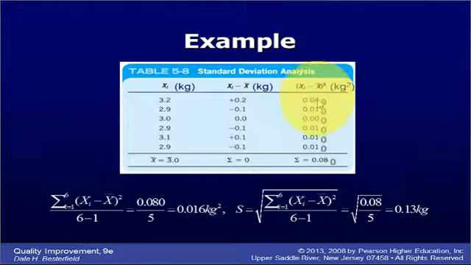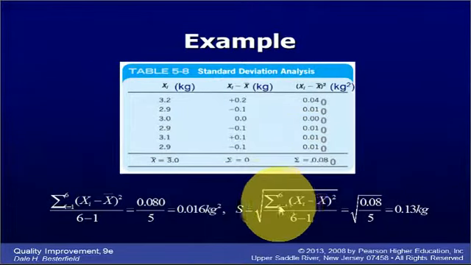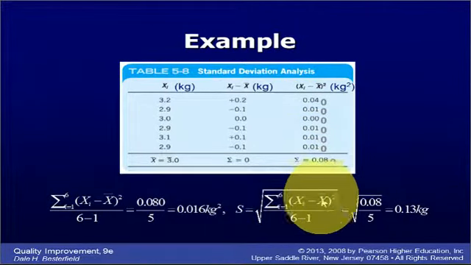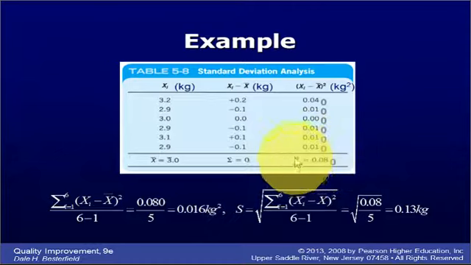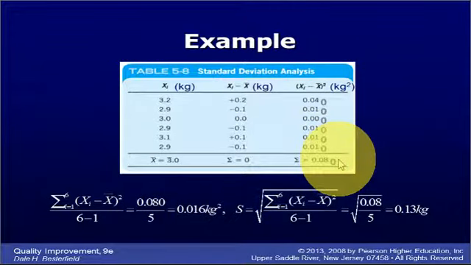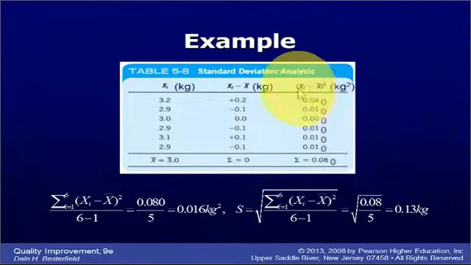And so now if you sum up all these xi minus x bar squared, you get this sum here in the numerator, which records the total distance from the data points to the mean, where the distance is measured in this form, xi minus x bar squared.